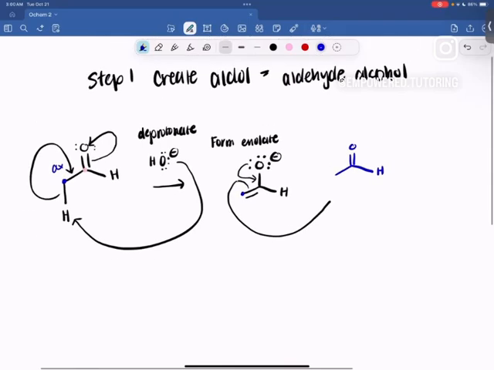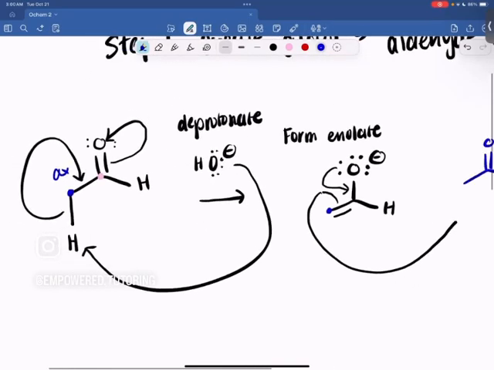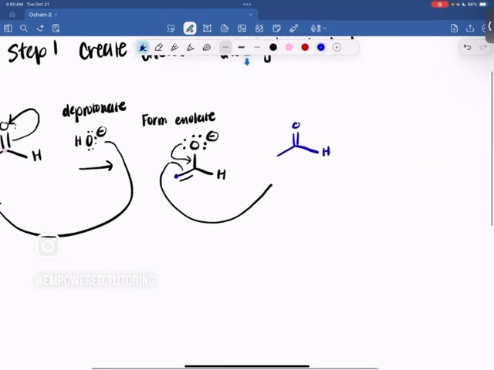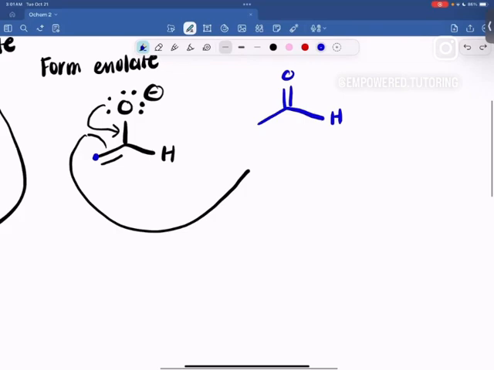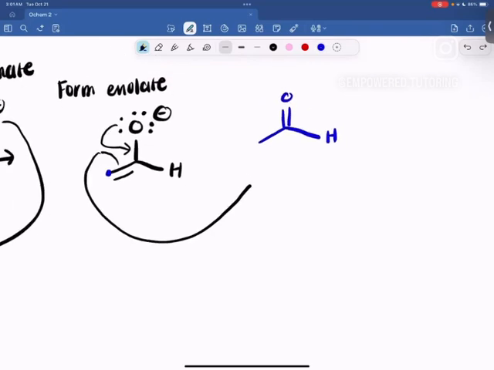That second aldehyde still looks the same as the original thing that we deprotonated. We can even draw it out to look like that, but it's not necessary because we're not going to deprotonate any alpha hydrogens. It doesn't exactly look the same, but it's the same actual thing.